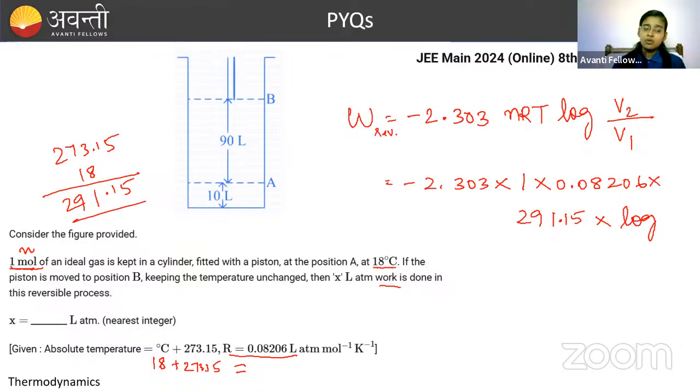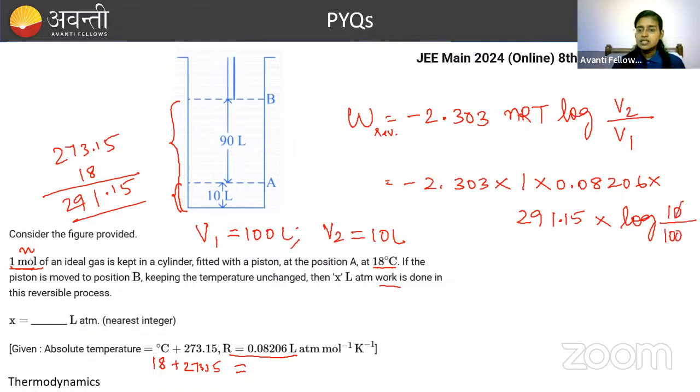V2 means the final volume. The final volume, the V2 value, will be 10 liter, and V1, initially, we would have had 100 liter. Initially 100 liter, but the final is 10 liter. Got it? So V2 value is 10 and V1 value is 100.